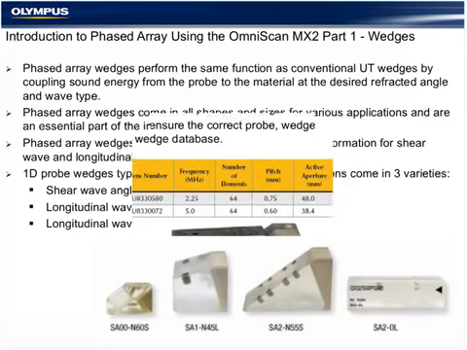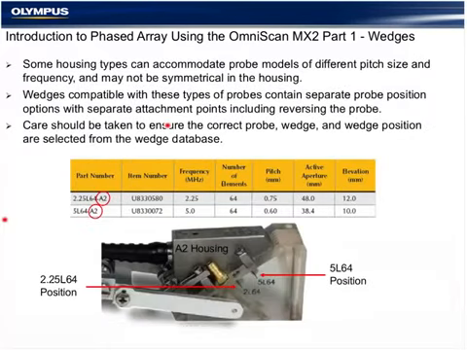Wedges, more than any other part of the equation, account for the overwhelming majority of our support issues and impede customers from doing what they're trying to do. Most of the wedge issues come directly from the calculator not knowing exactly what the parameters are that you're programming. A probe is in the wrong orientation. It's possible that this cable can come out of either side, and there are wedge entries in the database to account for that.